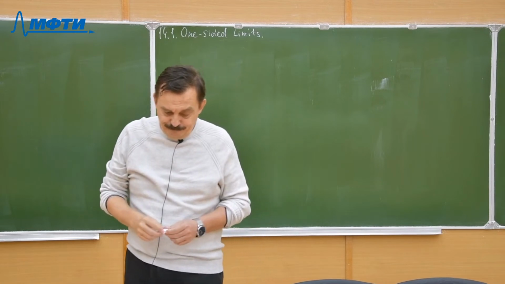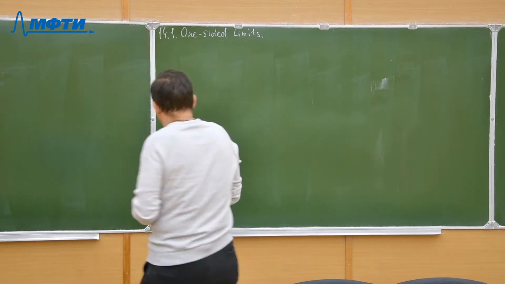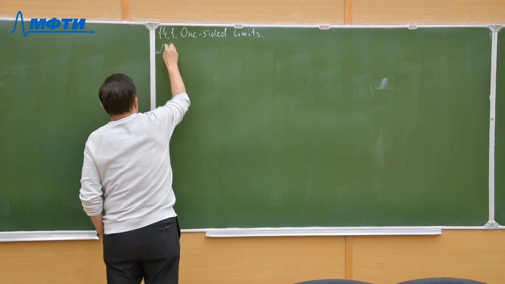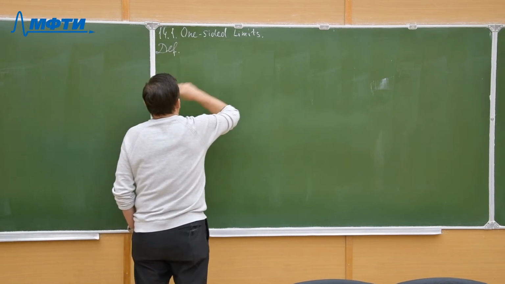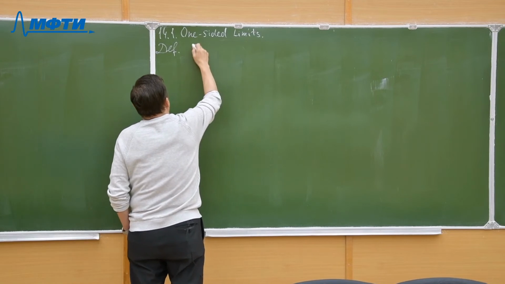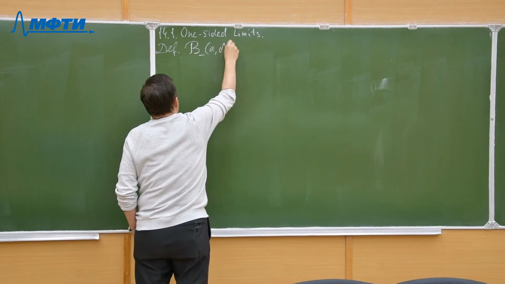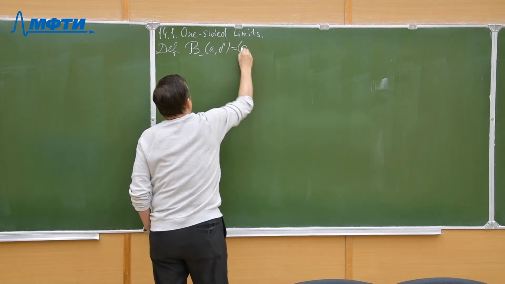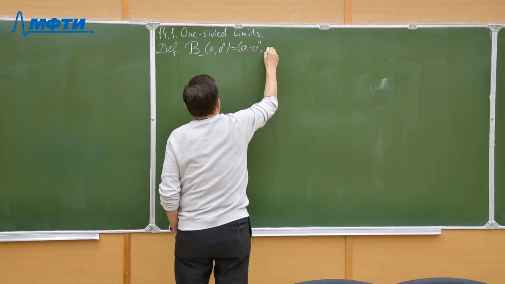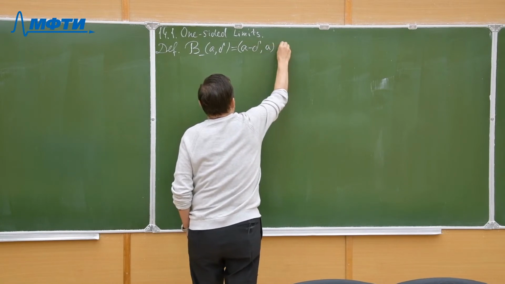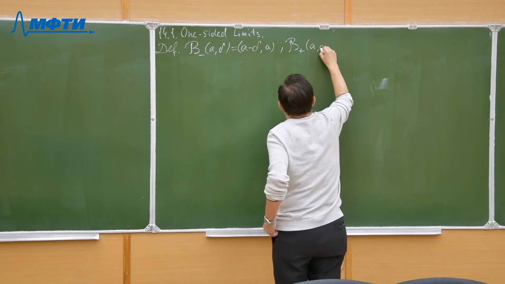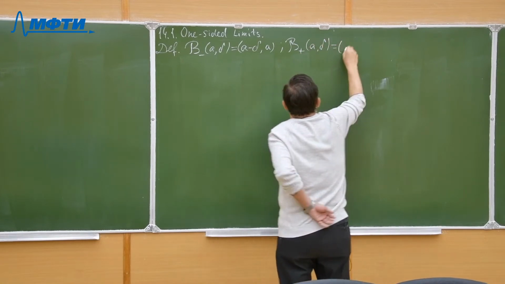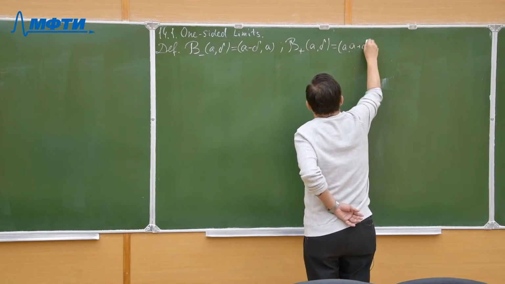I'll start with the definition of one-sided neighborhoods. Definition: B minus of a, delta is a minus delta, a; B plus of a, delta is a, a plus delta.